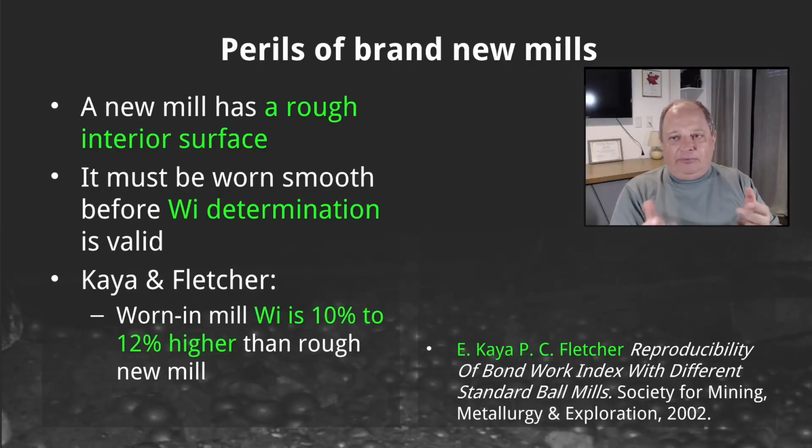There's some published information on the internet that shows that the work index is about 10 to 12% higher when the mill is brand new, prior to all of these surfaces being worn smooth. So you cannot just take an apparatus out of the box, install it in a lab, and start generating work index numbers. You've got to run it in with a period, running with like a silica sand charge.